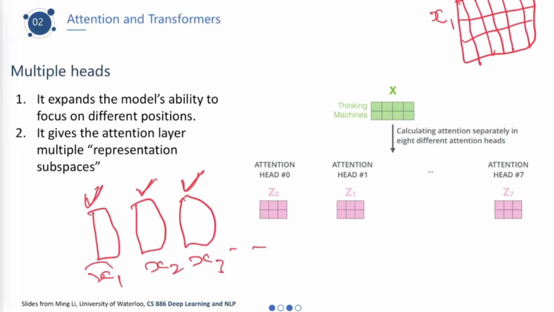I'm leaving that part aside, but you'll have query, key and values. You take the full vector of this and the full vector of that, and then do the dot product. So we are looking at the full word and then calculating the attention vector. Then we are refining each vector.